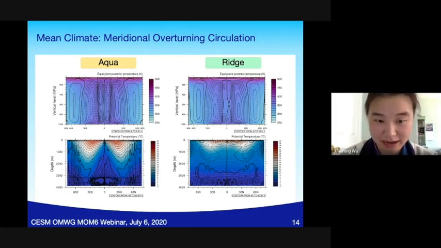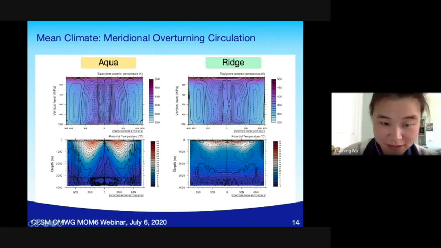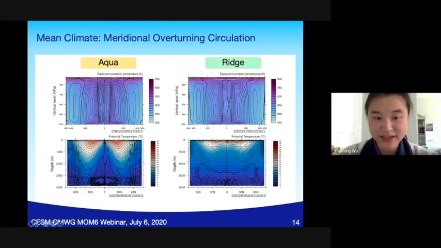So the regions of convection, or the double ITCZs, are meridionally symmetric regions of convection around perhaps 10 degrees north and south, but with subsidence right on the equator. And on Ridge, this pattern of reverse Hadley is much suppressed due to the presence of the western warm pole.